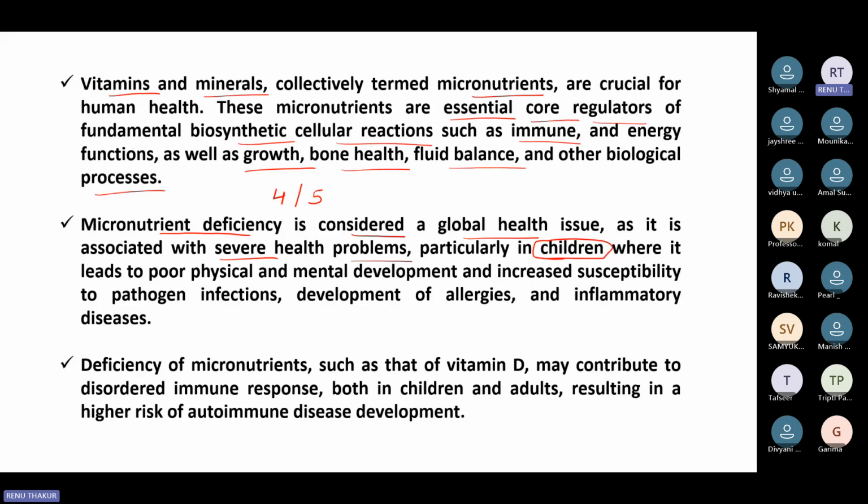So we have to take care of the diet which is rich in micronutrients. If we are not having micronutrients in an adequate amount in our body, it may lead to mental retardation. We can see so many different kinds of mental abnormalities. The deficiency of micronutrients like vitamin D may contribute to disordered immune response both in children and adults. Vitamin D deficiency is also very common in adults too.